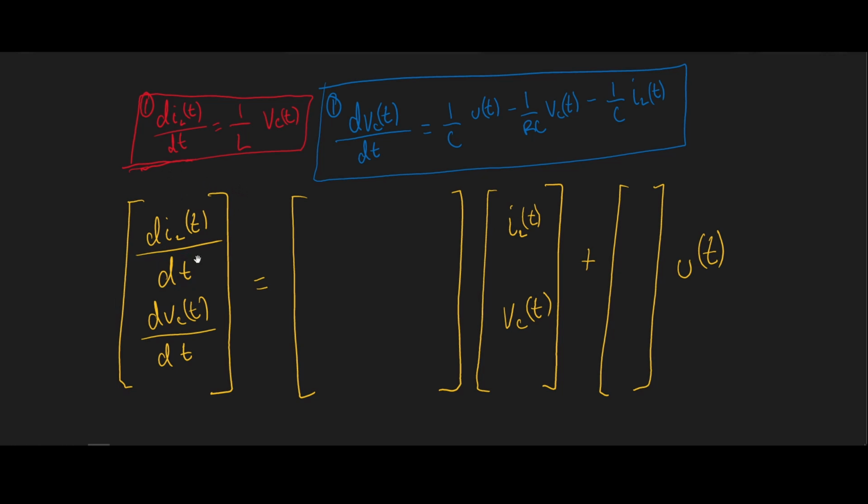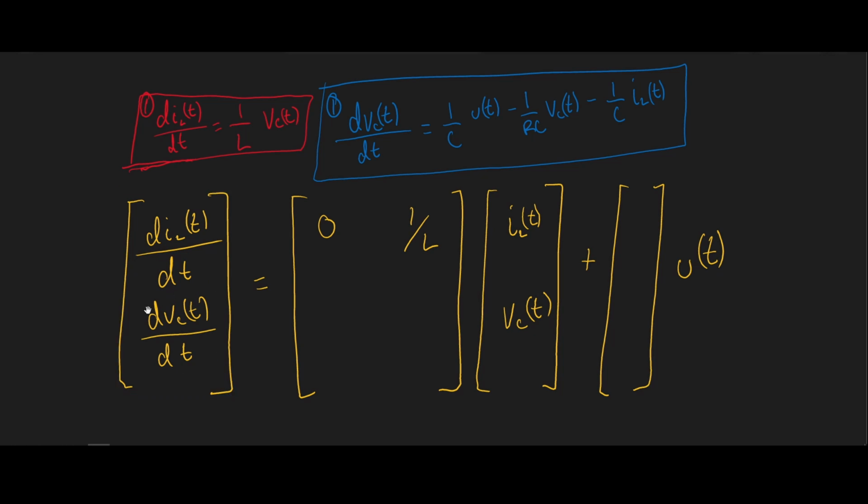Solving for di/dt, the first row of A is going to be 1 over L times Vc of t. So i_L is not in the equation, so we'll put a 0 in the first row, first column, and 1 over L in the second column of the first row.